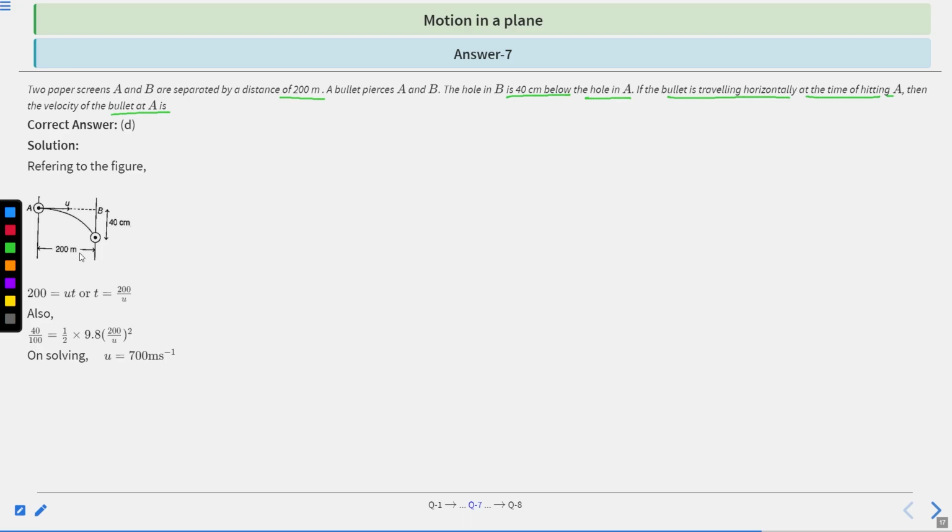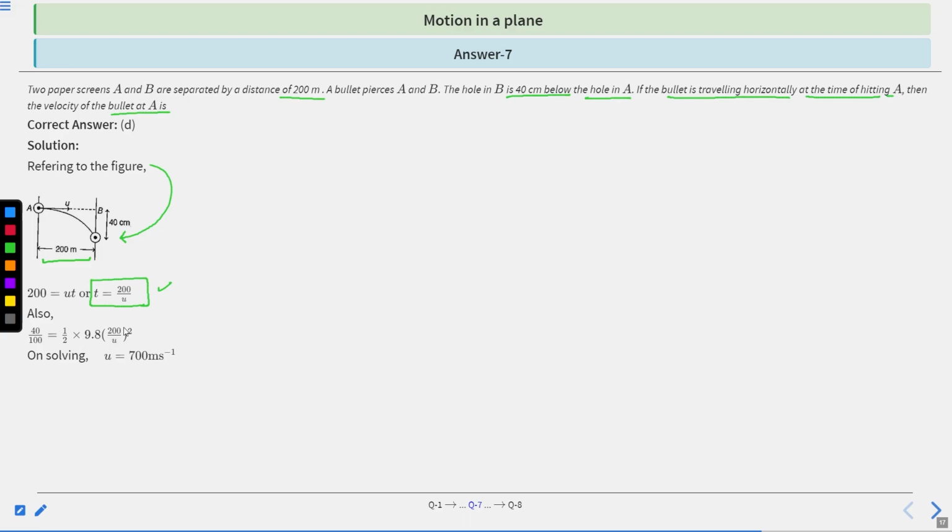So we use the formula S equals UT. 200 distance equals UT, then T equals 200 by U. Referring to this figure, also 40 by 100 equals half 9.8 (200 by U) whole square.